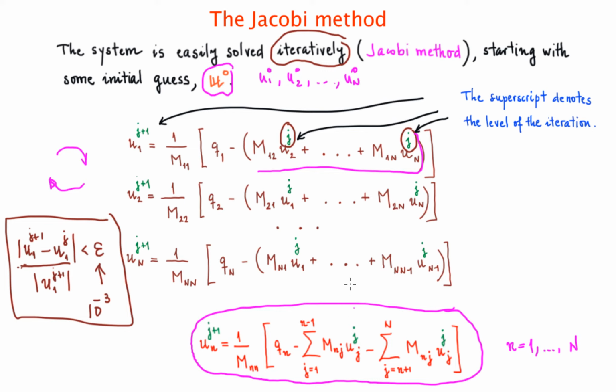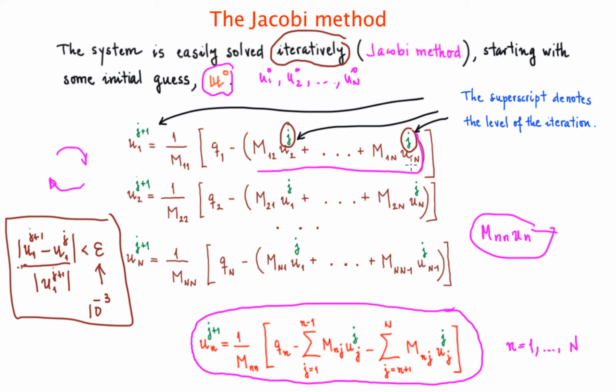And actually, the only one which doesn't appear in this summation is the m times un. So that's why we can write this double summation here in the following way. That j will go from 1 to n minus 1, and then it goes from n plus 1 to n. So the one which is missing in this summation is this one, because this is the one that appears here on the left, that's connected with the term that appears on the left, and this factor which is multiplying all of this.